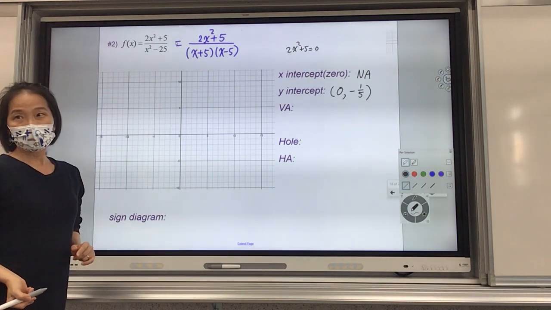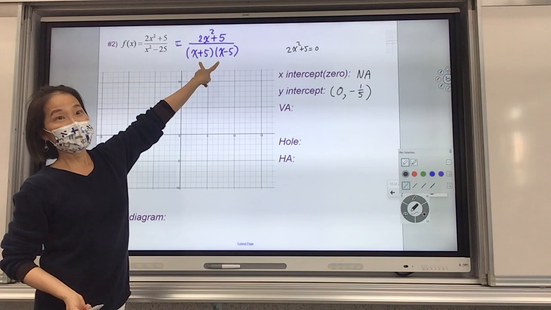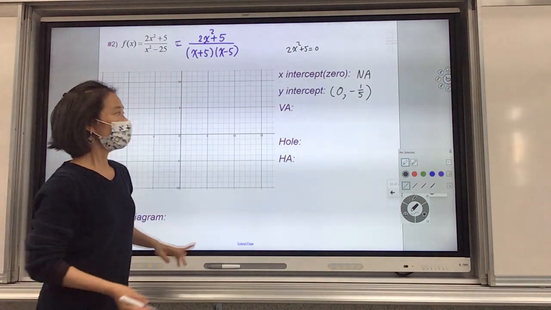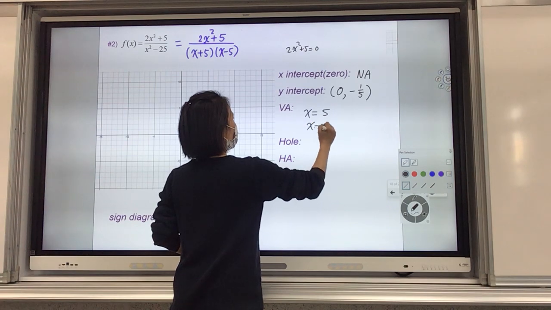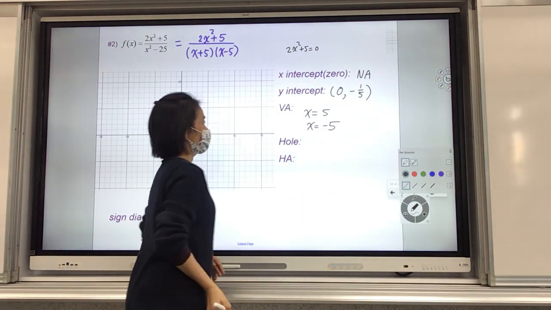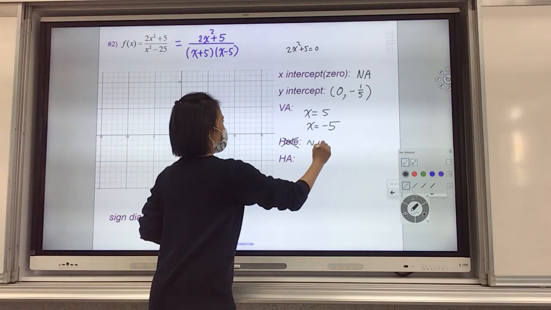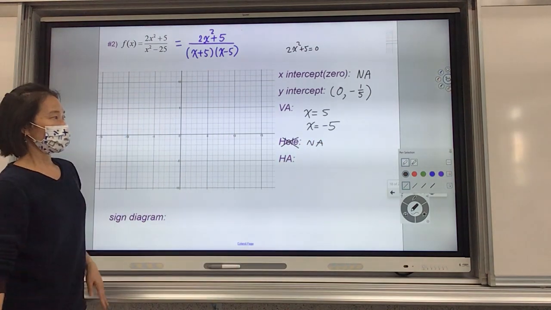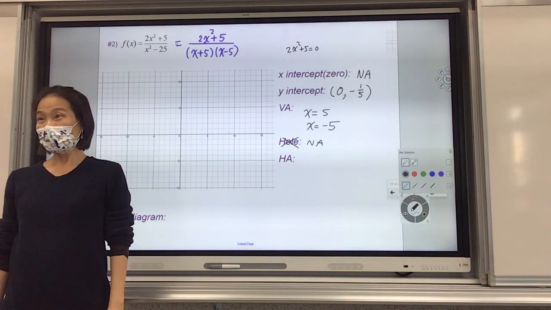Vertical asymptote? Look at the denominator, undefined value. X equals 5, x equals negative 5. Well, no holes, because we are not canceling any common factor. Horizontal asymptote, guys? What is it?